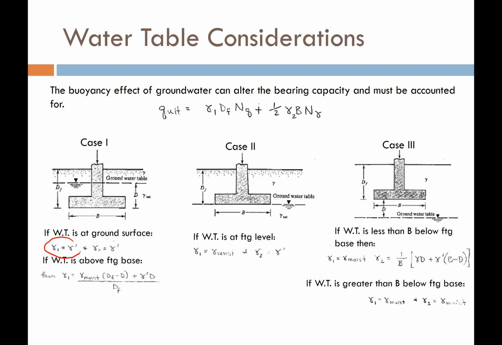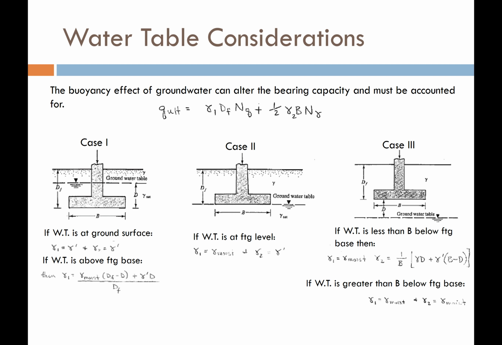Gamma 1 in my surcharge would just be the buoyant unit weight, so gamma saturated minus gamma water. And gamma 2 would be the buoyant unit weight of the soil beneath the bottom of my footing, so gamma saturated minus gamma water.